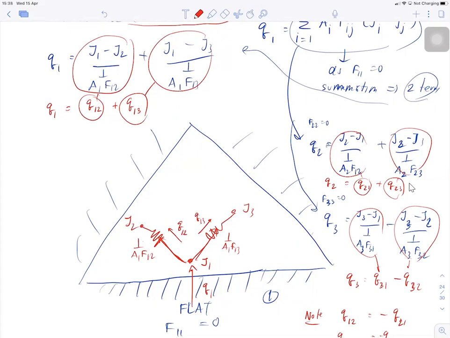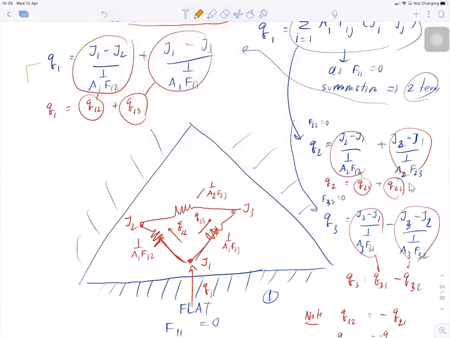Okay, and you can do the same on surface 2 and surface 3, it is going to have this and the resistance would be 1 over A2 F23. Okay, and you can make the nodal analysis. So it's going to be nodal analysis. This equation is going to be in, I should use a different color.